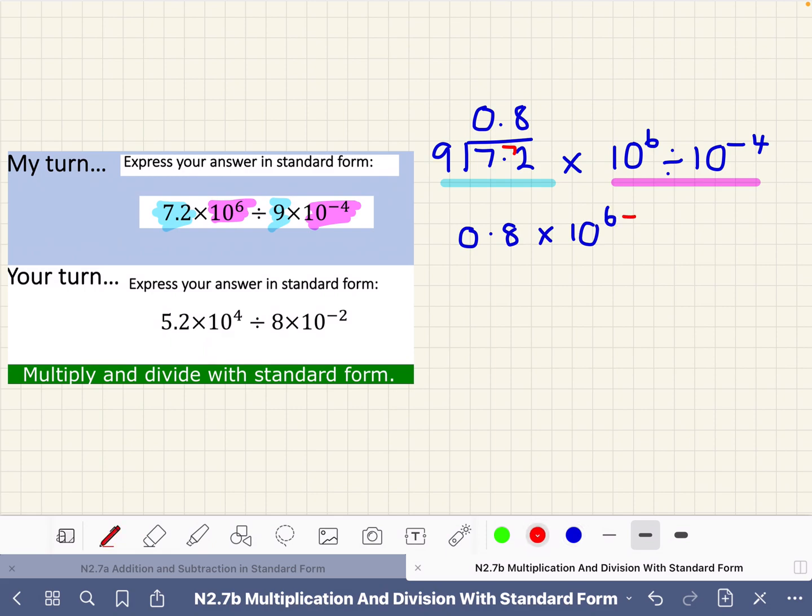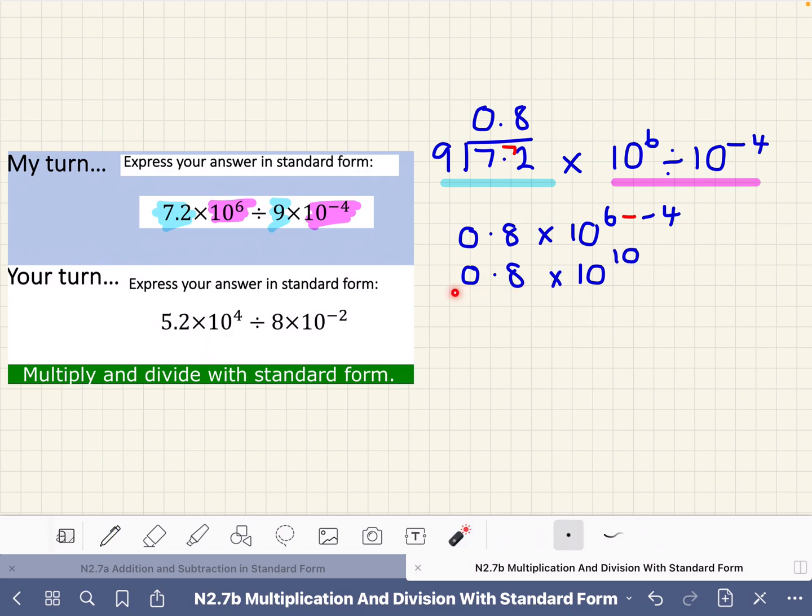We are subtracting the minus 4. So in this case, it might be worth you writing out in the long way as I've done here. That gives us 0.8 multiplied by 10. The minus and the minus gives us a positive, which gives us 6 add 4 is 10.